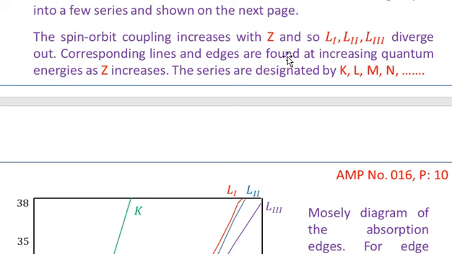The spin orbit coupling increases with Z, and so L1, L2, L3 diverge out. Corresponding lines and edges are found at increasing quantum energies as Z increases. The different series are designated by K, L, M, N, and so on. So K series, L series, M series, and N series.